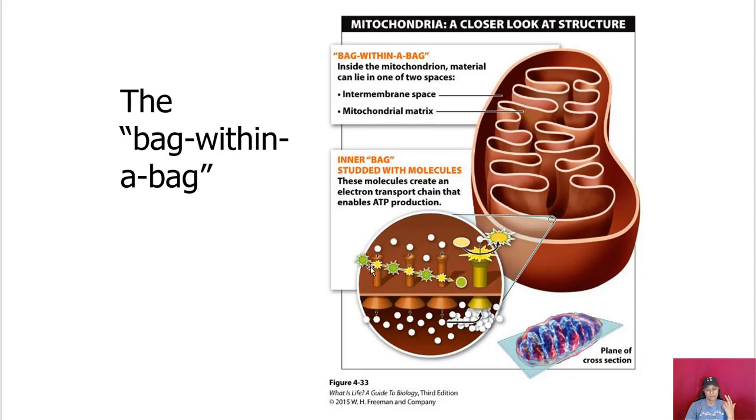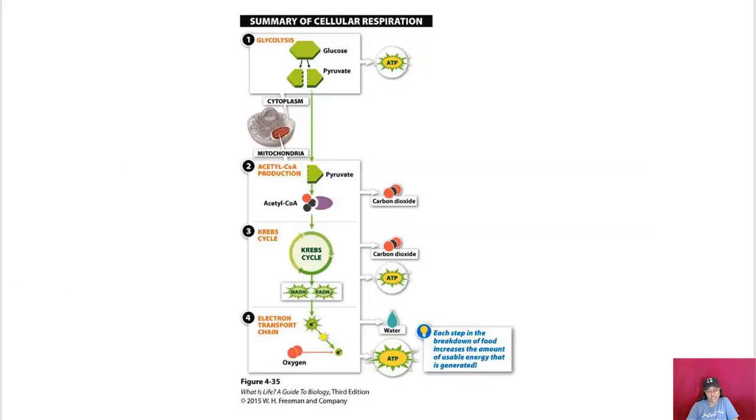Okay, but I don't want you to try to dive too deep into the details of the electron transport chain. You can if you choose to, but you don't have to. I just need you to know that ADP is being turned into ATP inside the inner bag of the mitochondria. Okay, that's where the electron transport chain lives, and that's where ADP is getting its third phosphate. That's really all the depth that I need you to know for that.